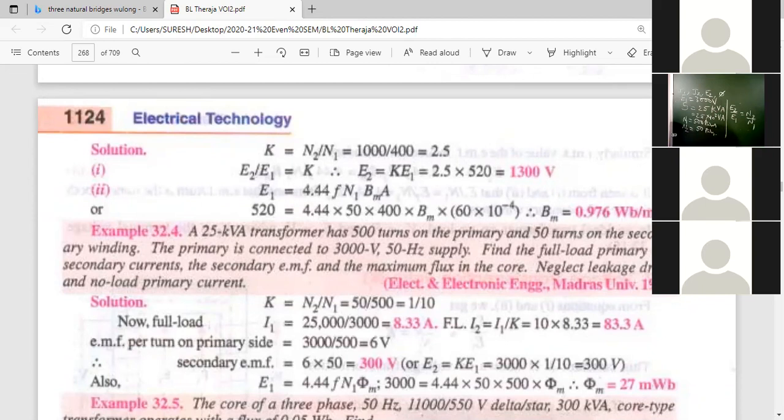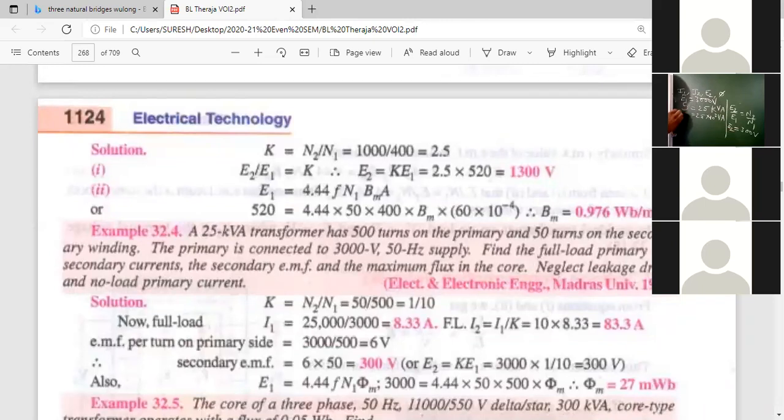E1 we know, N2 we know, N1 we know. You will get E2 as 300 volts.